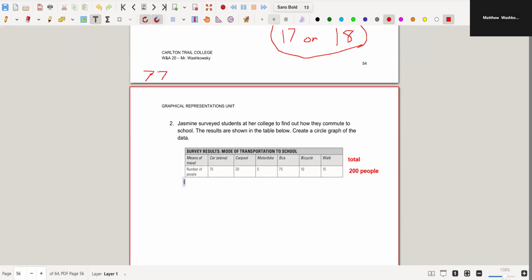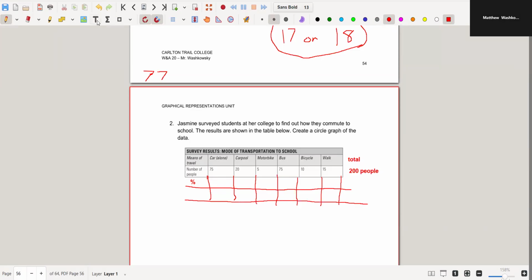But now I want to know what that is in terms of a percentage. So let's quickly draw this out. I want you to actually do this. Anytime before you draw, take your chart, extend it out, and do this work. The first thing I'm going to do is find the percentage.